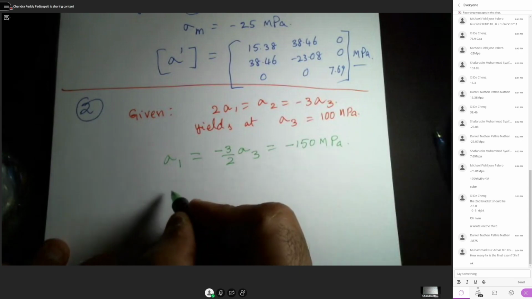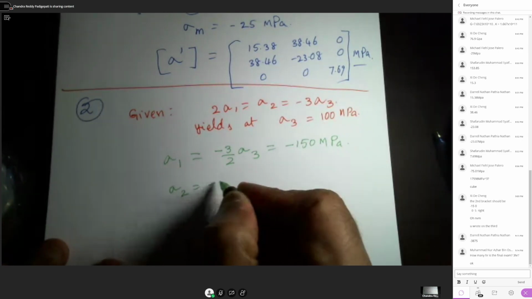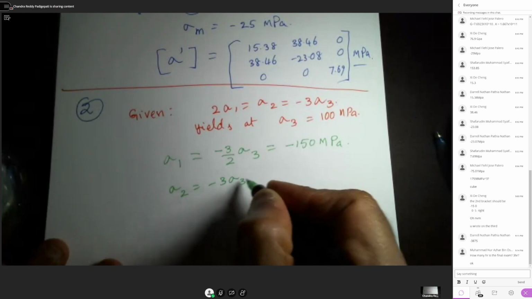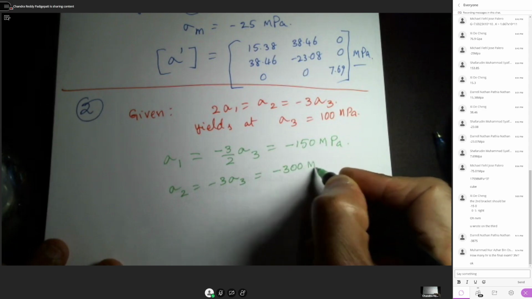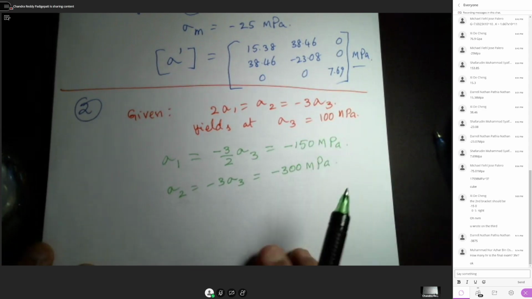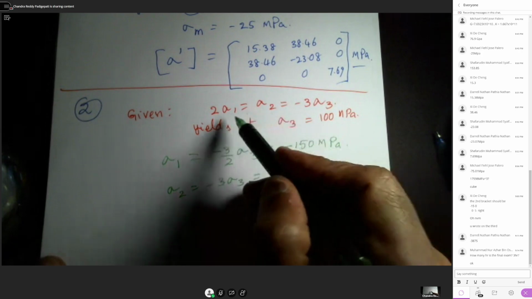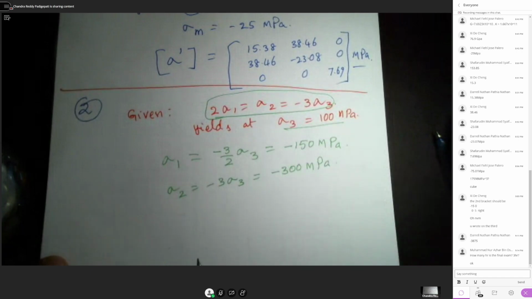Then sigma 2 is equal to negative 3 sigma 3, so that means negative 300 megapascals. So you know the sigma 1, sigma 2 values from the relationship, and sigma 3 is given.